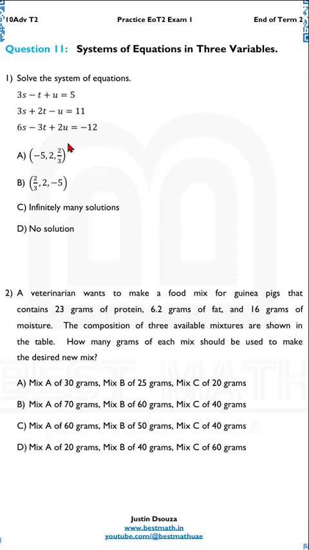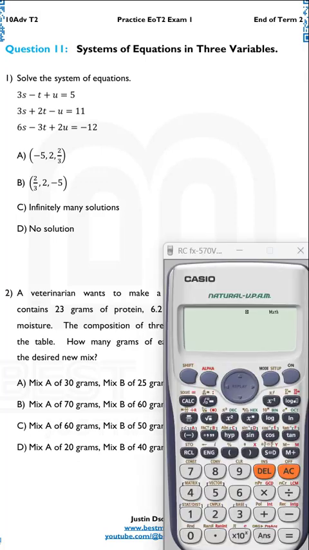What about these 3 variable systems of equations? Again, we use the calculator and solve them directly. We can click on Mode Pi. Don't go to option 1. If you click on option 2, you have 3 dimensions. So let's type the coefficients first. This is x here, 3, minus 1 and 1, that is equal to 5.